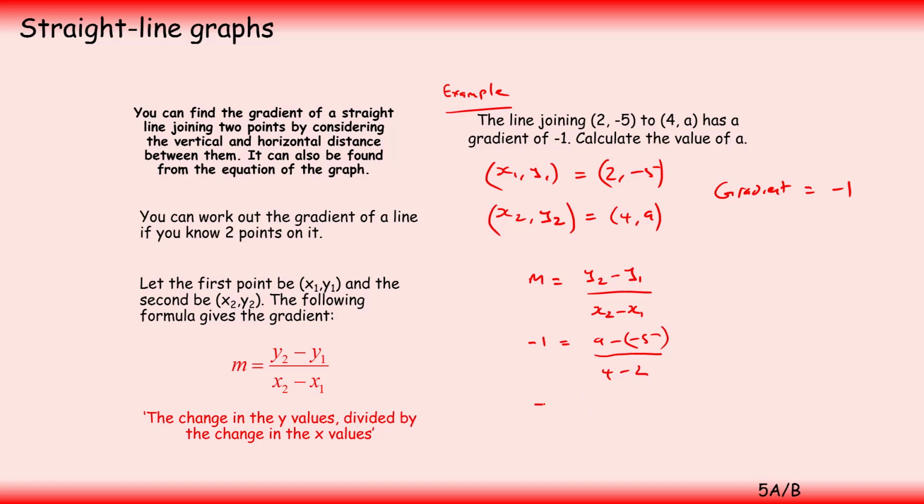Let's simplify. So that's minus 1 is equal to a plus 5 divided by 2. Okay. So the 2 divides on this side, so we're going to make it multiply on the other side of the equation. So 2 times minus 1 gives us minus 2.